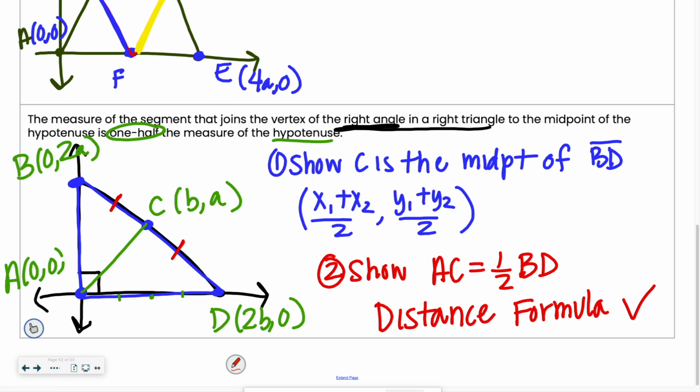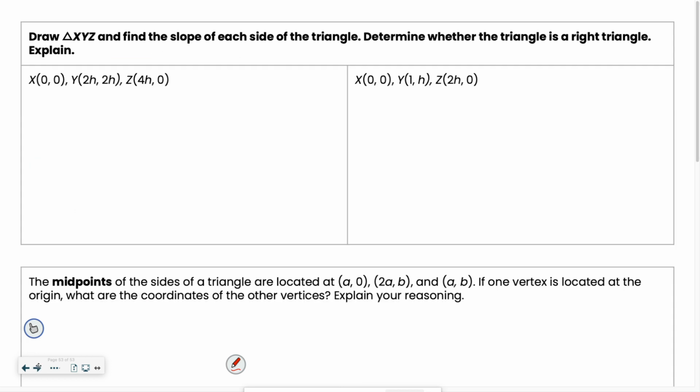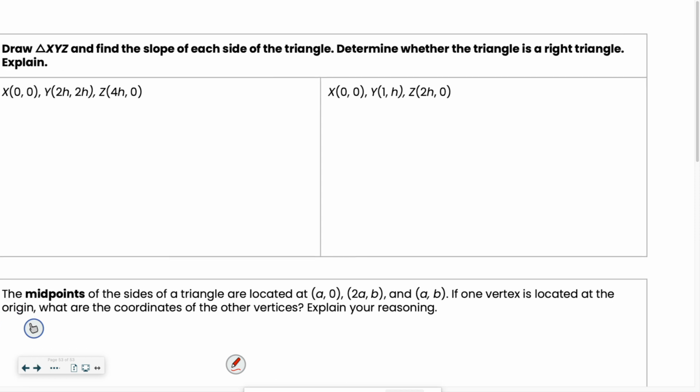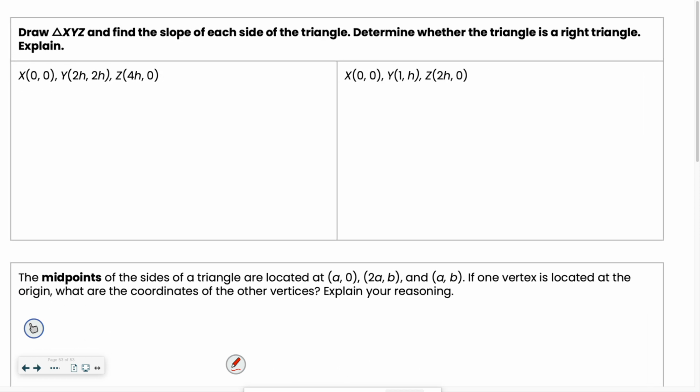Okay, let's flip it over. If we look at these, it says draw a triangle XYZ and find the slope of each side of the triangle. Determine if the triangle is a right triangle. Explain. Well, they're giving you the ordered pair, so that will make drawing much, much simpler. So that's step 1. Step 2, determine if it's a right triangle. How do we do that?